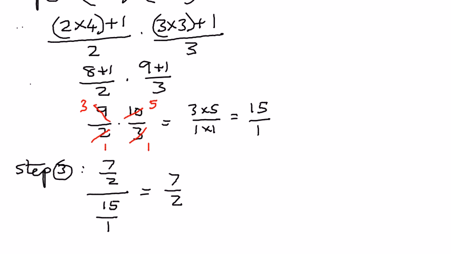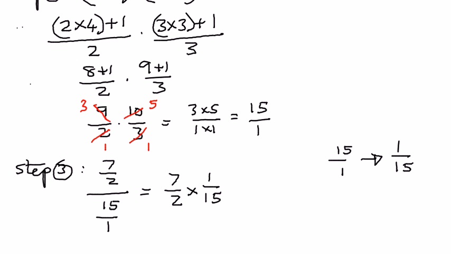We convert the division into multiplication, and then we take the fraction in the denominator, 15 over 1, and we write the reciprocal of that. The reciprocal of 15 over 1 is 1 over 15. So we're going to write this one as 1 over 15, like that.